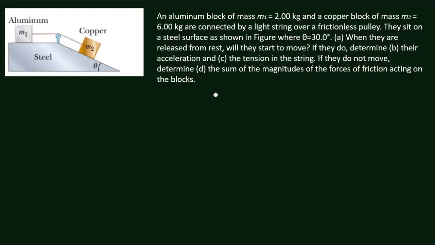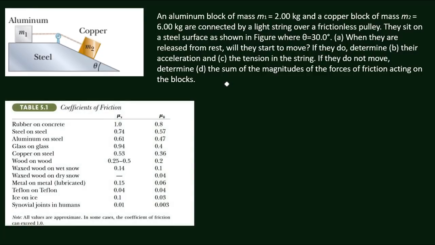This is a very nice question. But it doesn't tell us the kinetic and static coefficients of friction. So we have to refer back to the table in the book and find copper on steel and aluminum on steel and record these numbers.